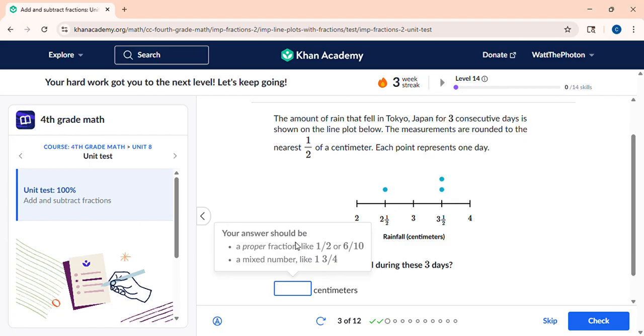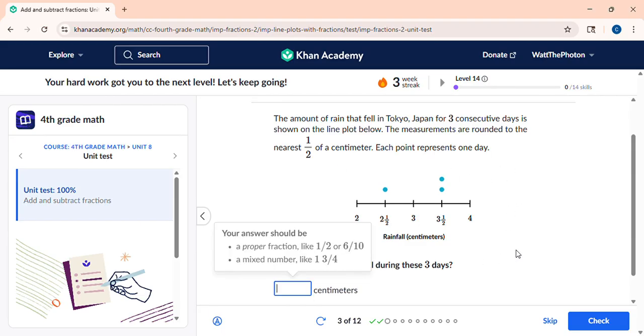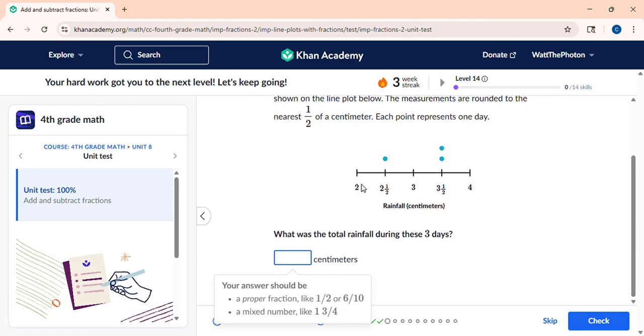The amount of rain that fell in Tokyo to the nearest 3 consecutive days is shown below. The measurements are rounded to the nearest half of a centimeter. Each point represents 1 day. What was the total rainfall during the 3 days? So just add. Yeah. So that's 7 plus 9 and 1/2.